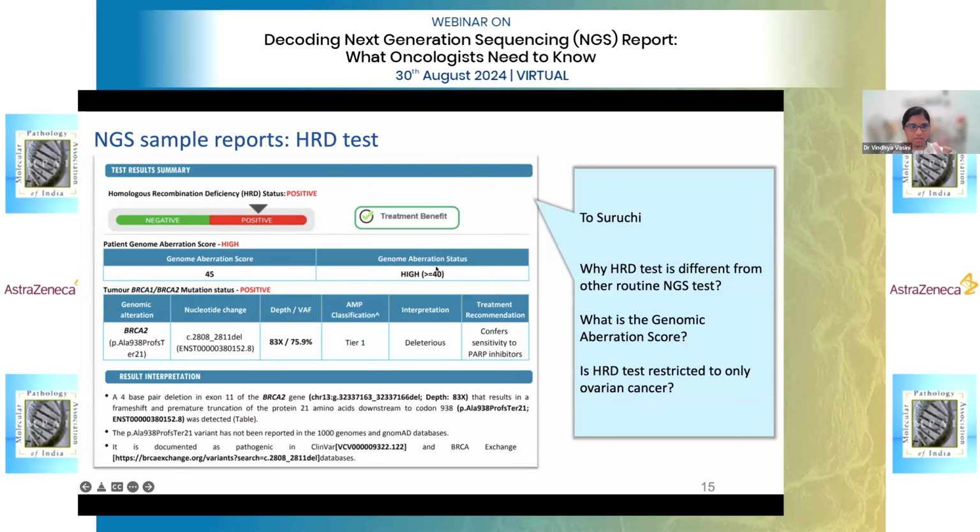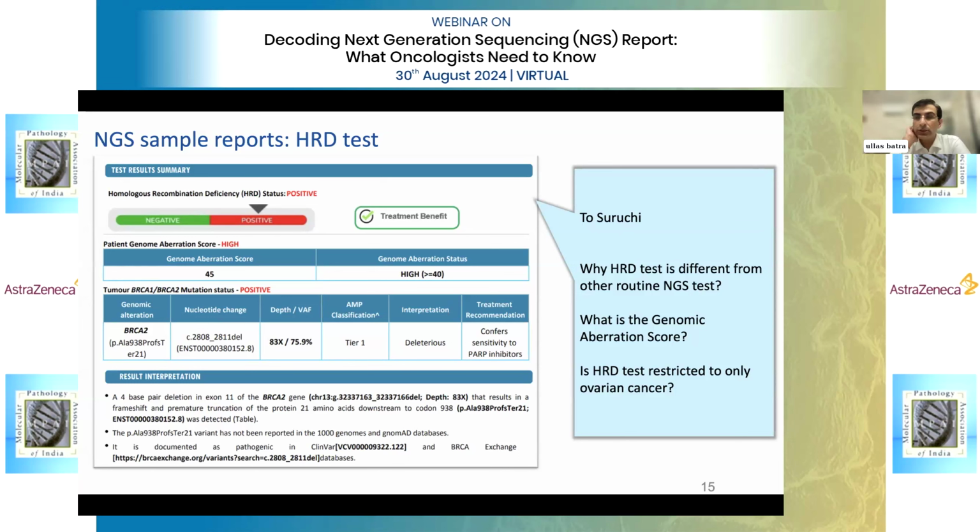Though I'm not particularly clear about what methodologies they use, this is the only option that we have. Not all patients can afford the Myriad scoring. So with the available HRD testing in India, if it is positive, I consider it positive and give them the option of PARP inhibitors.